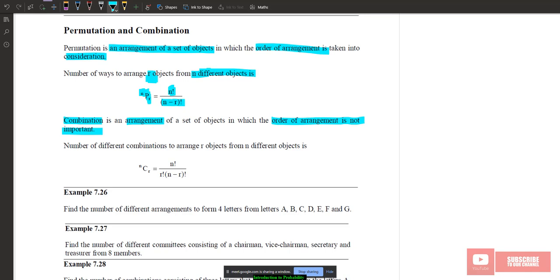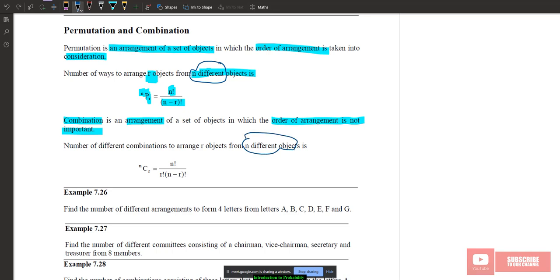So basically for both formulas, combination and permutation, we want to choose r objects from n different objects. So it should have n different objects, and this also has n different objects, right?